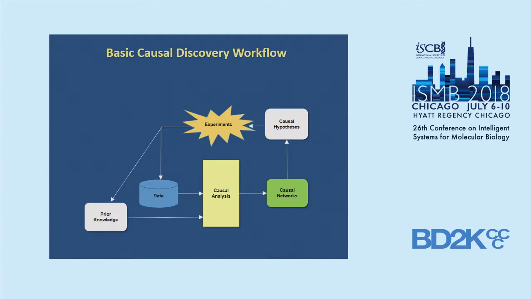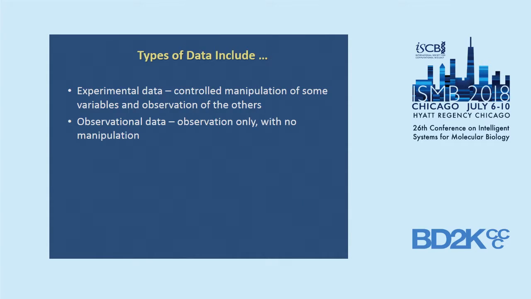And then they would perform experiments to validate those. The results of those experiments then form new data and additional prior knowledge, and the cycle continues. So we don't see these algorithms as outputting the truth, but informing likely hypotheses on which experiments can be performed.